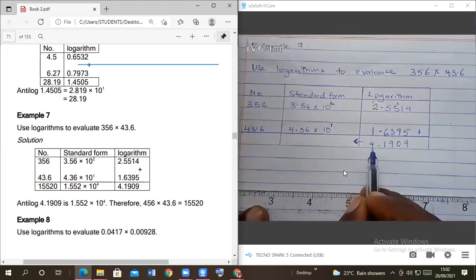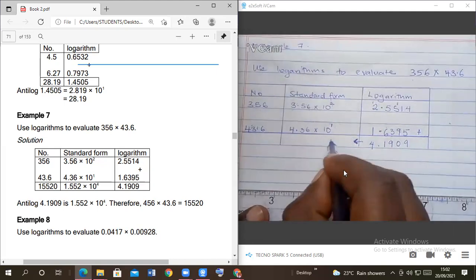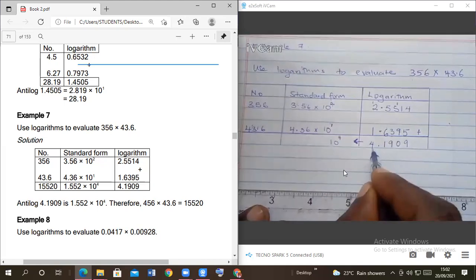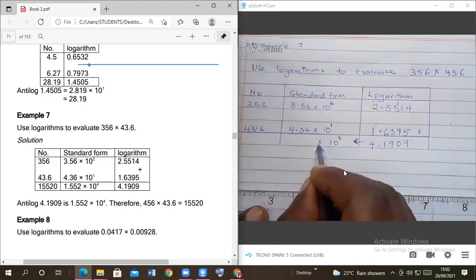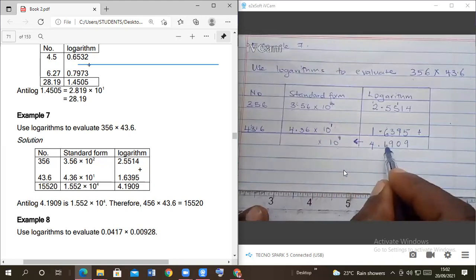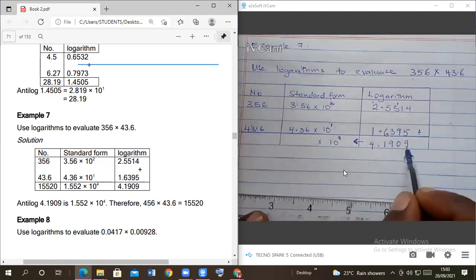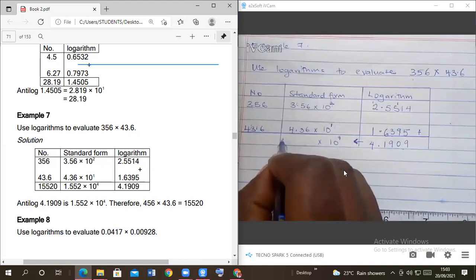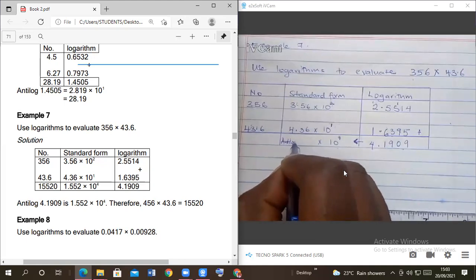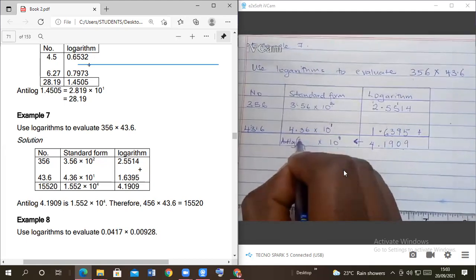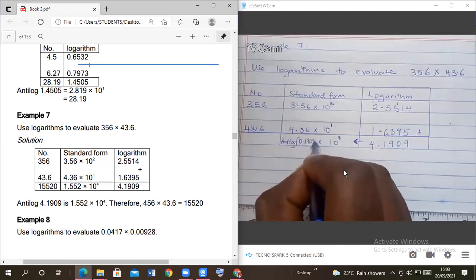Now, we change this one to the other form where we have 10 to the power. The first one here takes 10 to the power 4 because of this 4. So we have 10 to the power 4. Now we get the antilog of this. Members, we have to get the antilog of this. Are we together? Yes. So here I can write antilog of 0.1909.